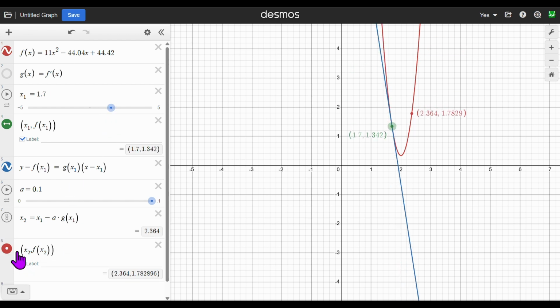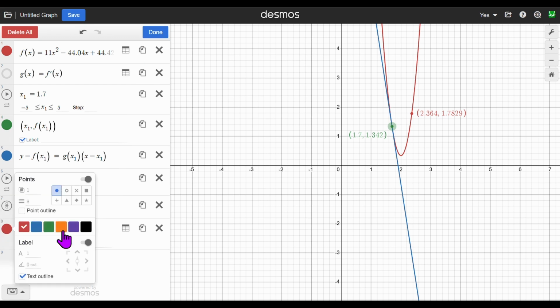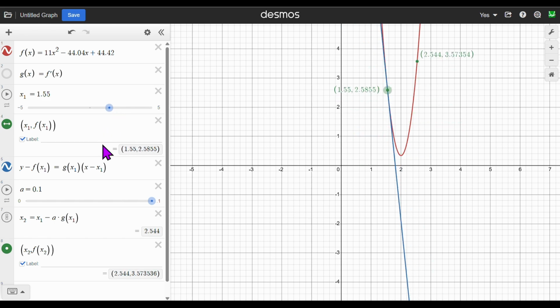Now this is also a red point, so it is basically not visible, but let me change the color of this point. Okay, yeah, we have this point now, and instead of representing the value of this point, let me call it the next step, where exactly the graph will move.